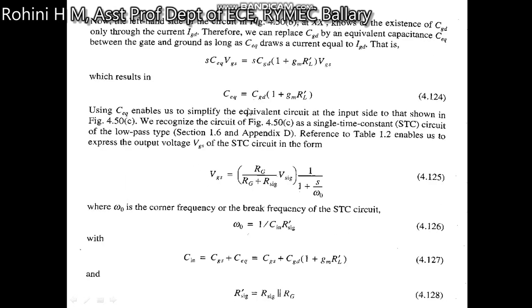Now the left hand side of the circuit knows of the existence of CGD only through the current IGD. Therefore we can replace CGD by its equivalent capacitance C equivalent between the gate and ground, as long as C equivalent draws the current IGD.